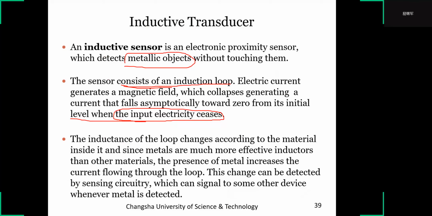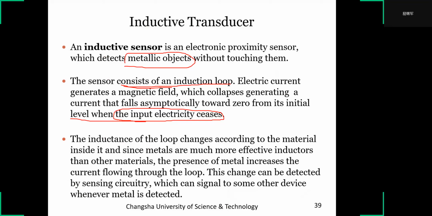This change can be detected by sensing circuitry, which can signal to some other device whenever metal is detected.